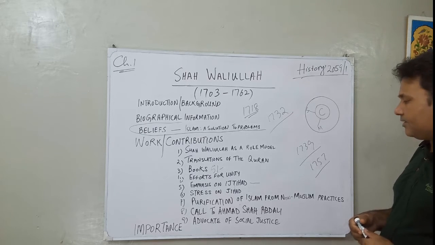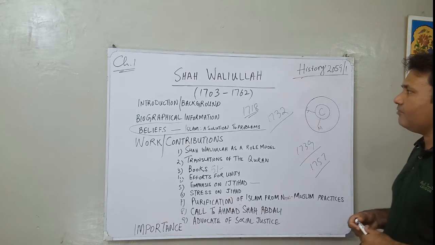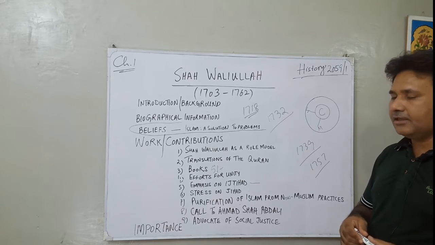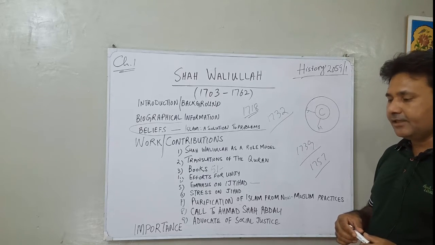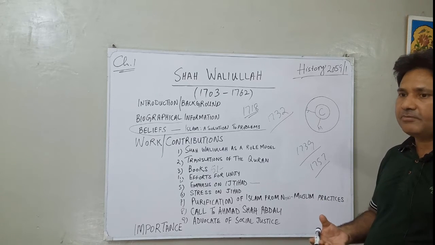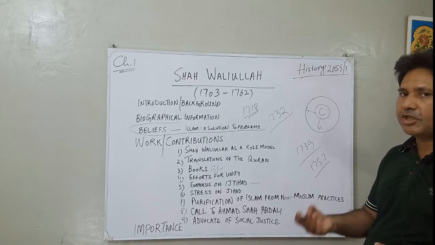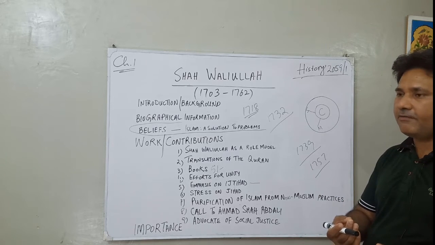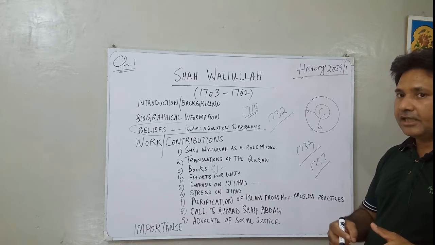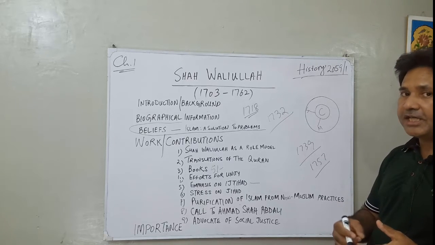William Dalrymple has written in his book that Shah Waliullah wanted the Indian Muslims to avoid non-Muslim practices. For example, he did not like the Indian Muslims to participate in the cultural and religious activities of Hindus and other communities of other religions.